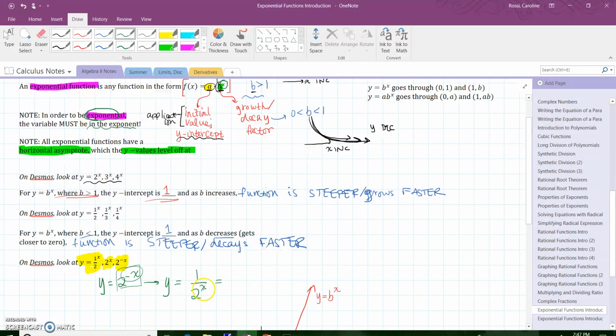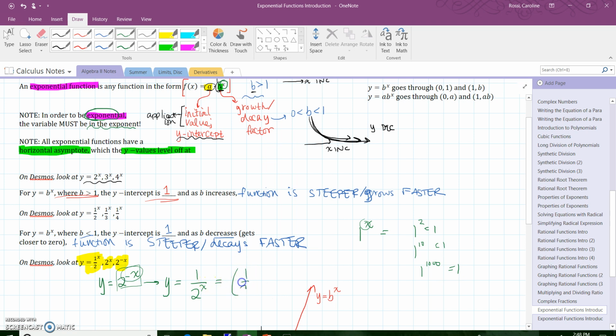Now, 2 to the x is going to be something, I don't know what it is because I don't know what x is, but I want you to think about what you would get if you did 1 to the x power. It could be 1 squared, 1 to the 10th, 1 to the 1000th. It doesn't matter what x is, it's always going to be 1 because 1 to anything is 1.